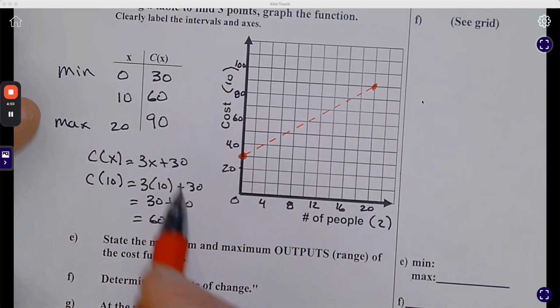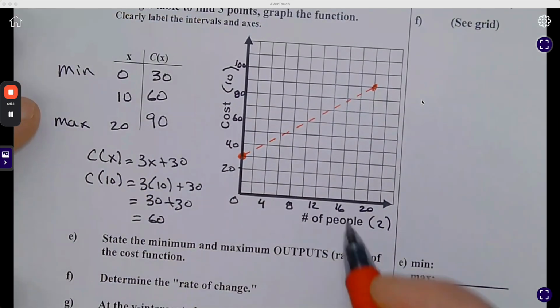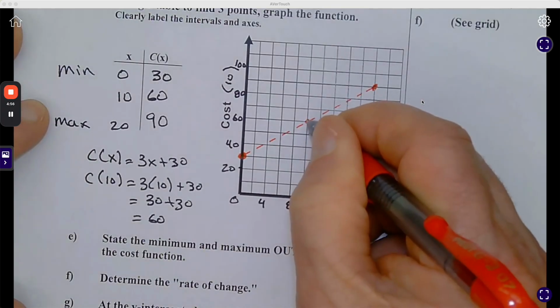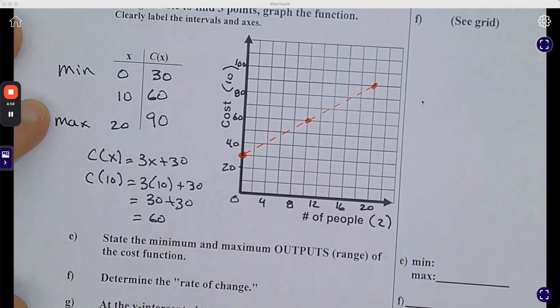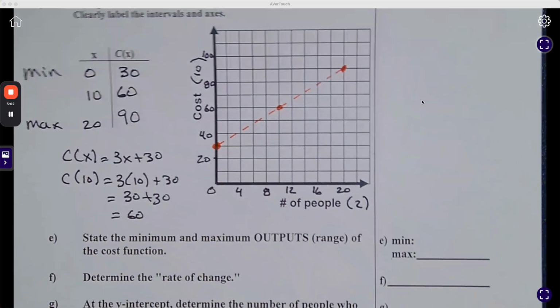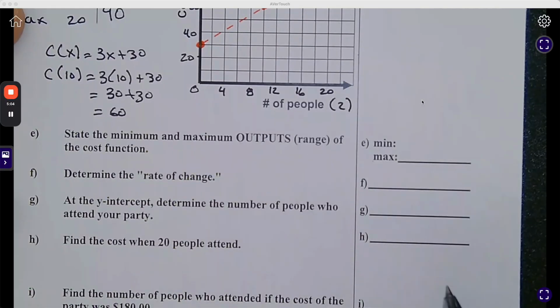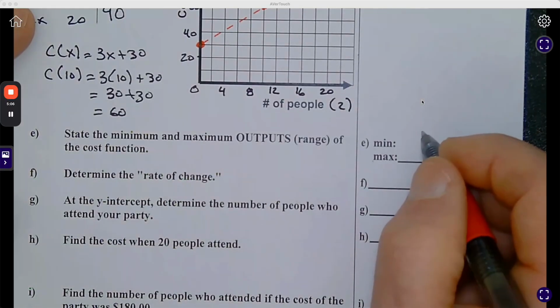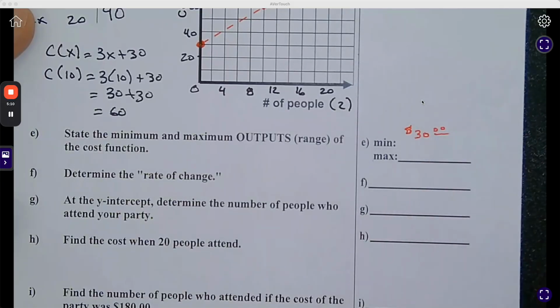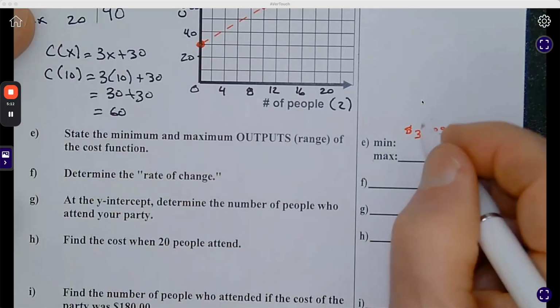Now notice we had another ordered pair, 10, 60. Boom, right there. I like to use that ordered pair to check to see how we did sometimes. That looks good. State the minimum and maximum output values, the range. Okay, the minimum output is $30 because if no one shows up, it's going to cost $30 for the cake.